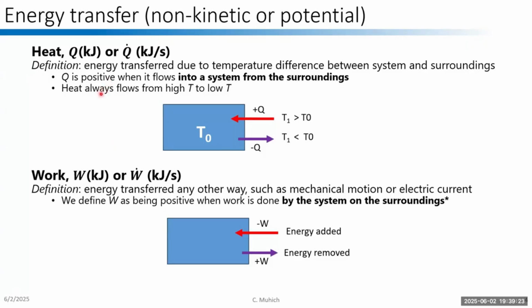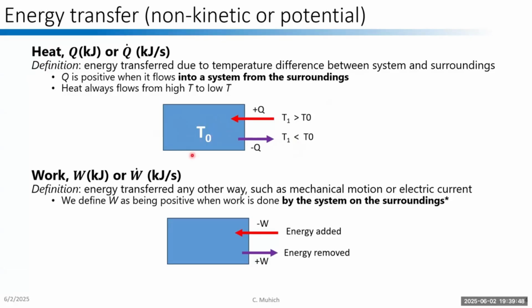If I think about a system block and there's some temperature outside of the system that's warmer than T0, heat is going to flow into that system from the surroundings. But if the temperature outside this block is lower than the temperature of the block, it'll flow out.